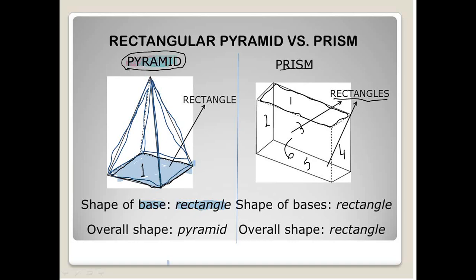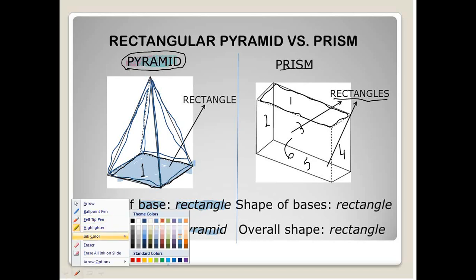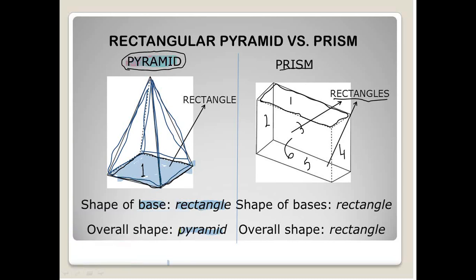Here it is, pyramid. Okay, let's have another color. The overall shape is a pyramid. Only the blue here, we name it as a rectangle. So the rectangle only here is the one in blue, the base only. The base in this pyramid is made up of a rectangle.